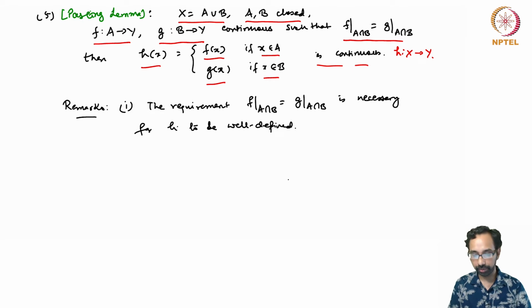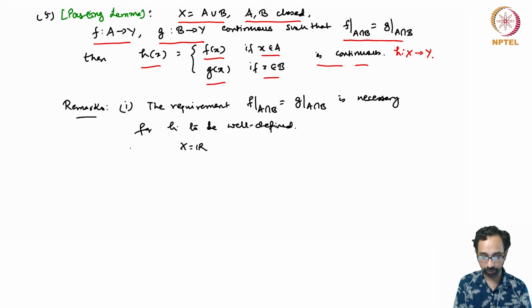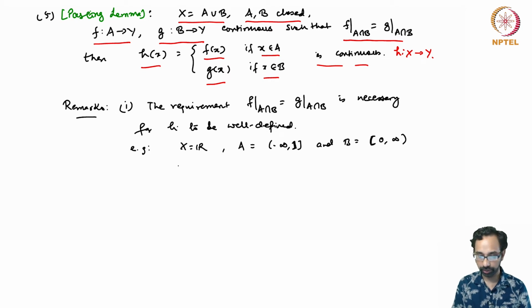So what I mean by this is, for example, suppose that X equals R, A equals minus infinity to 1, and B equals the closed interval 0 to infinity. So X equals A union B, and A intersection B is precisely the interval 0 to 1.